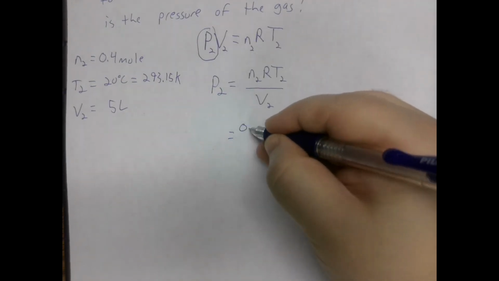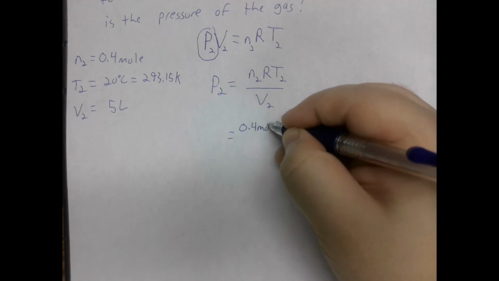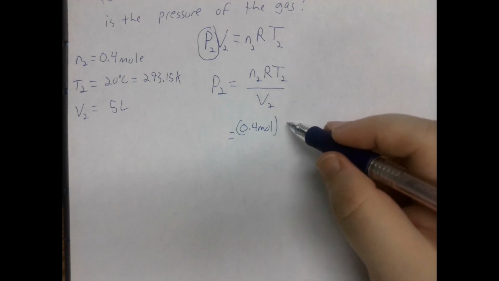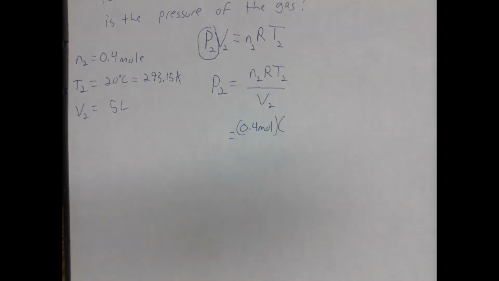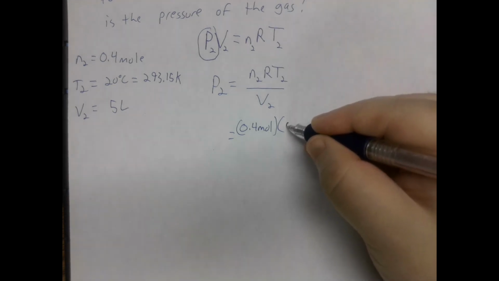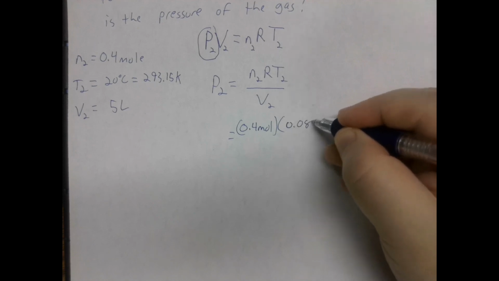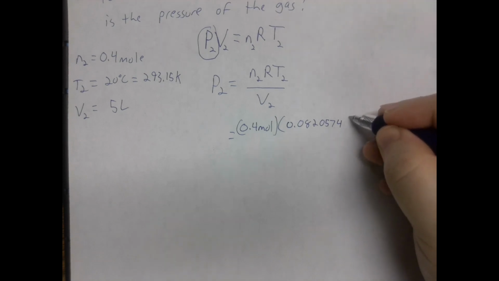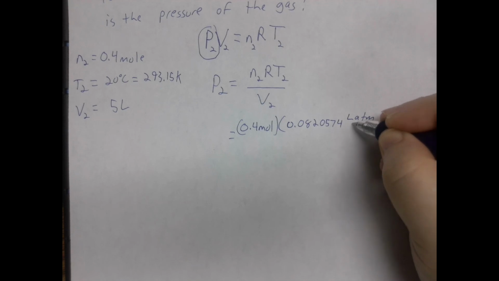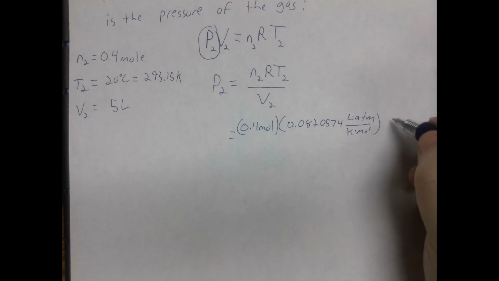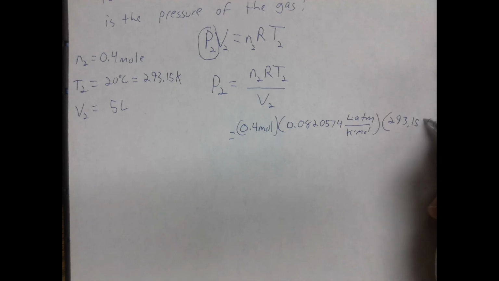So plugging this in, 0.4 mol. Remember that the abbreviation for moles is mol, not mols. The R constant is 0.082057, and it's in liters, atmospheres, per Kelvin, per mole, times a temperature of 293.15 Kelvin.